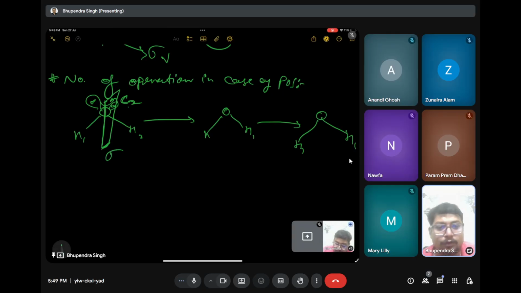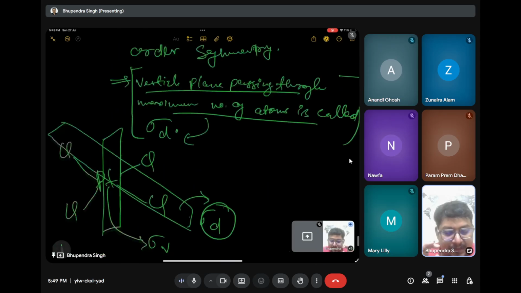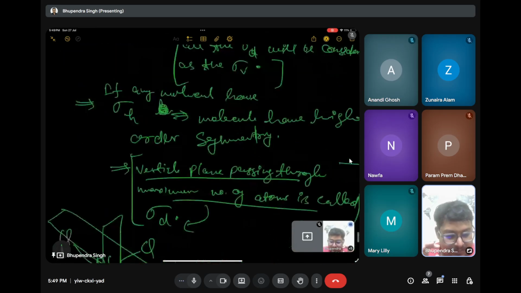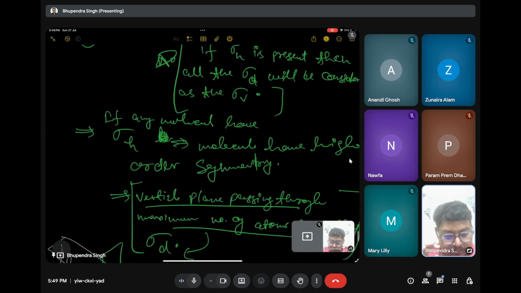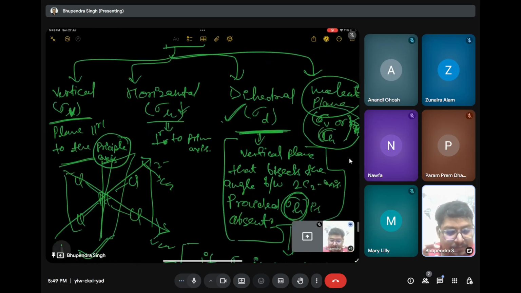Is this sigma H, sigma V, or sigma D? Let's find out which one it is. For sigma H, what have we seen? It should be perpendicular to the principal axis.